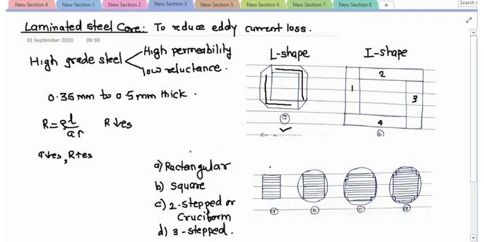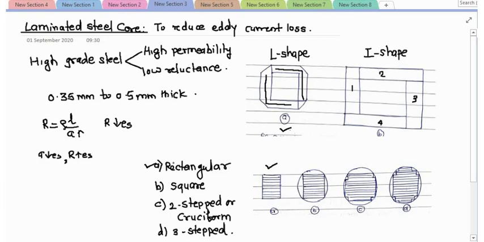For small transformer, the cross section of the limb of the core can be rectangular. So this is the limb cross section, which is rectangular in nature, because the coil wound on it can also be rectangular, so we have to use the rectangular core.